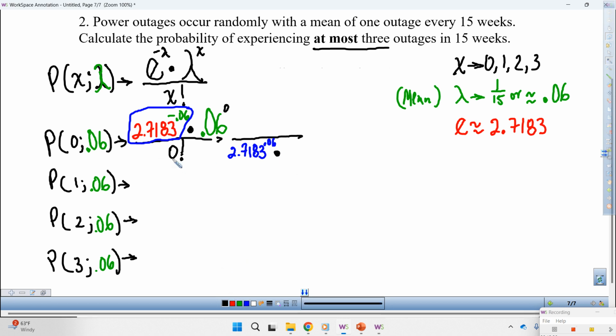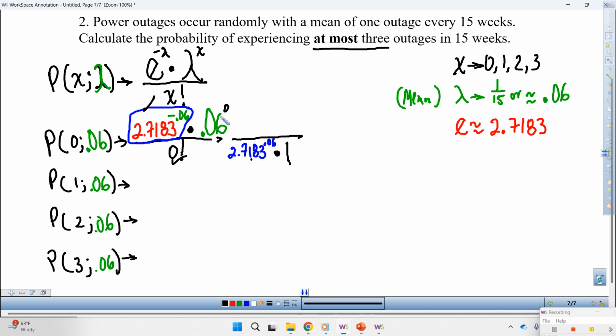Let me finish the denominator. What is 0 factorial? That's a rule. Tell your neighbor, what is 0 factorial? Max. One, that is correct. So we got this here, and what's left on the numerator? 0.06 to the 0 power.